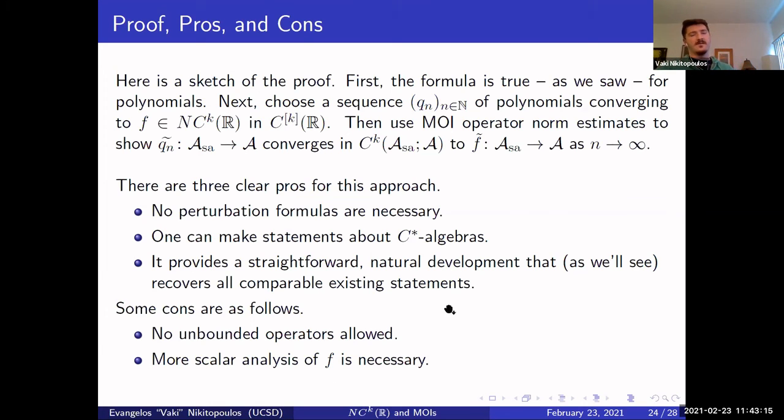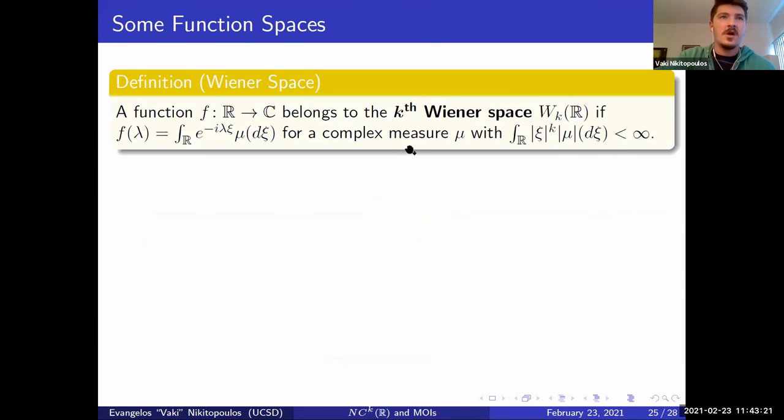That's not too big of a con, as I'll show you, because NCK is actually quite large. All right, so I'm going to jump into some examples now of non-commutative CK functions. And I'll introduce two maybe less familiar function spaces. And then I'll give you the theorem on examples of non-commutative CK functions.